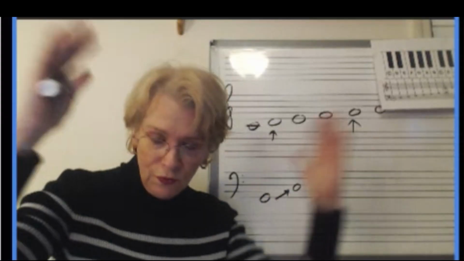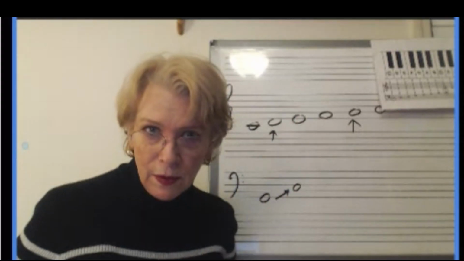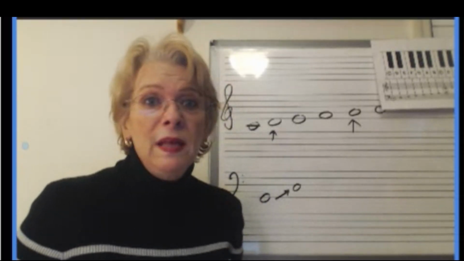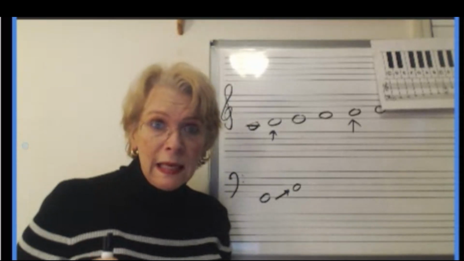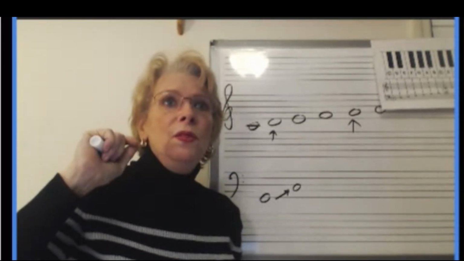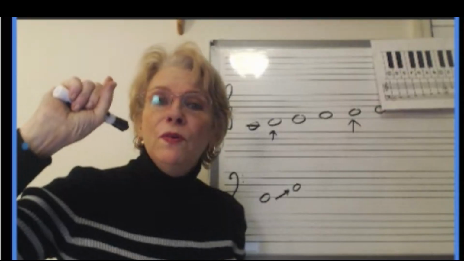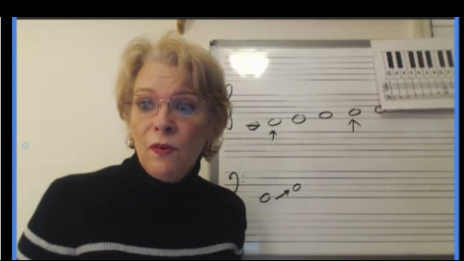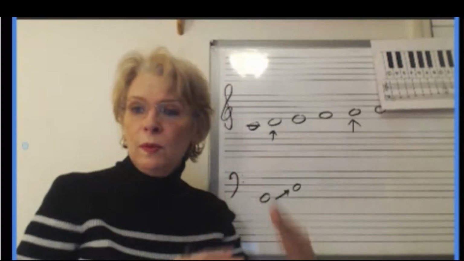You've got 2 phrases making up an 8-measure period. The last chord of your period is probably going to be an authentic cadence. The ending chord of your first phrase is probably going to be a half cadence, right? You'll probably end up on the 5, and then you'll go back, and then you'll resolve the whole thing at the end.